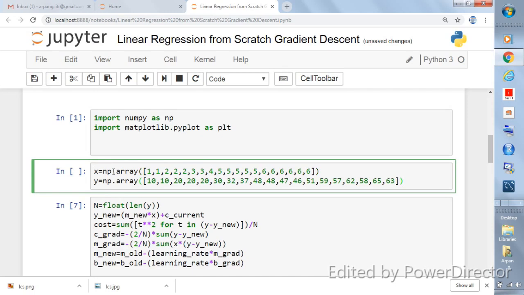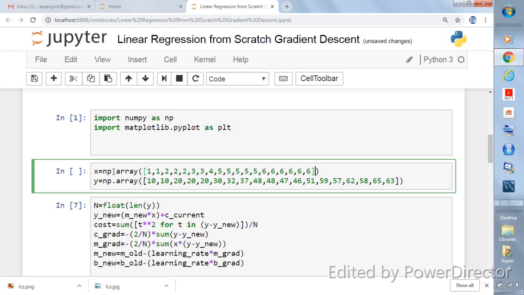Whenever we have a regression problem, and since it is called linear regression, there will be some line explaining the variance of y. You are trying to explain y as a linear function of x. From basic mathematics, y is equal to mx plus c, that is, y equals slope times x plus intercept. That is the equation for a straight line.